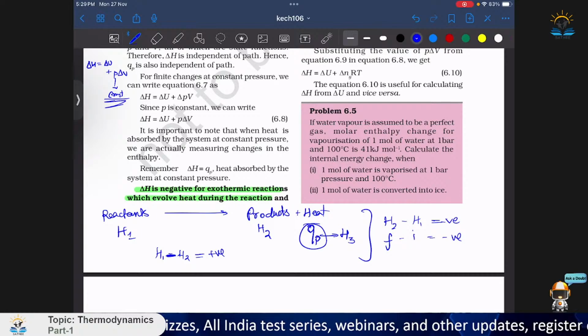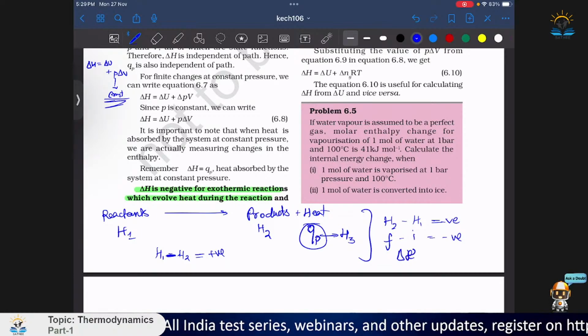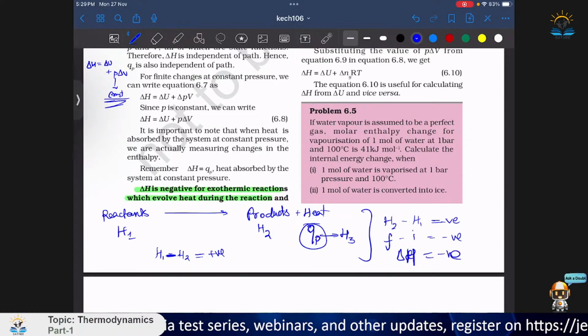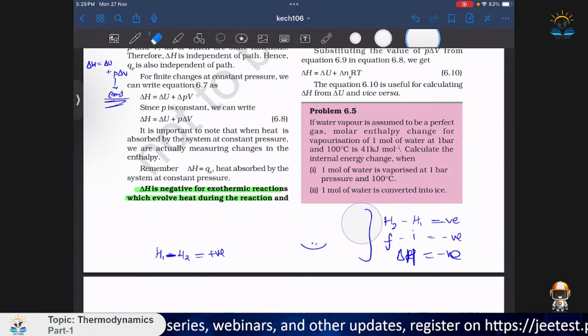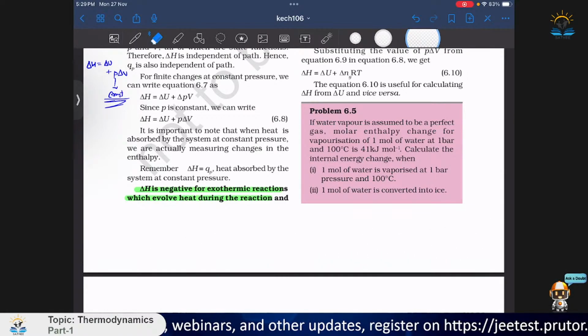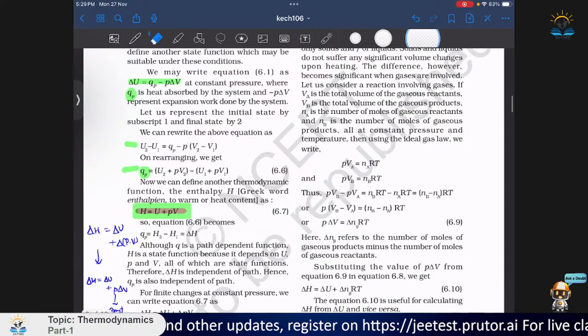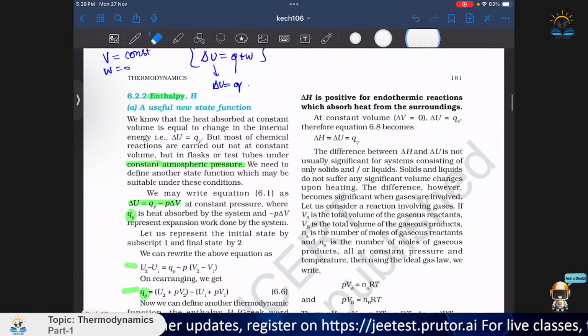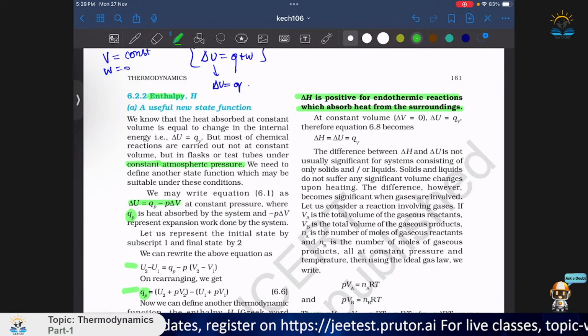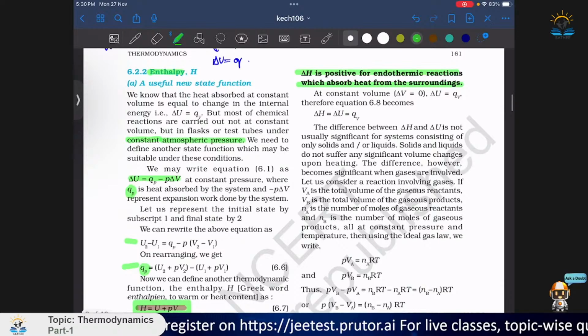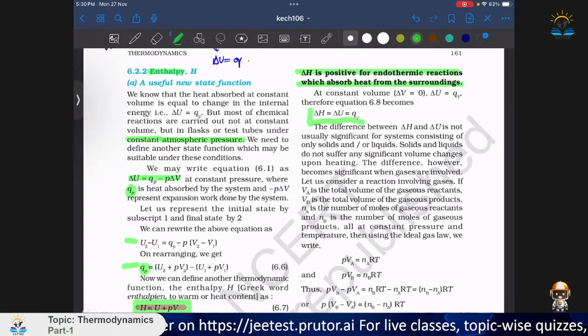That is negative. So delta H is negative for these reactions, right? Delta H is positive for endothermic reactions, which absorb heat from the surroundings. At constant volume, this equation becomes something like this.